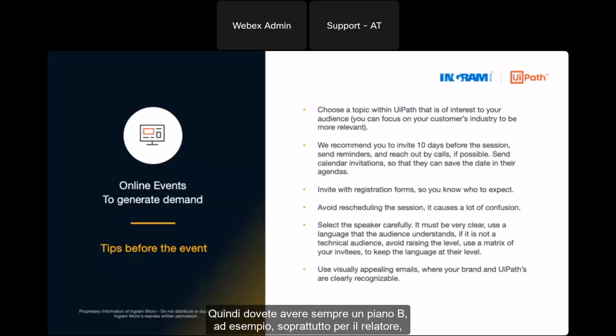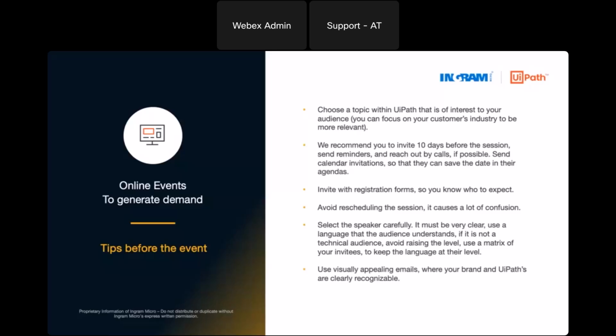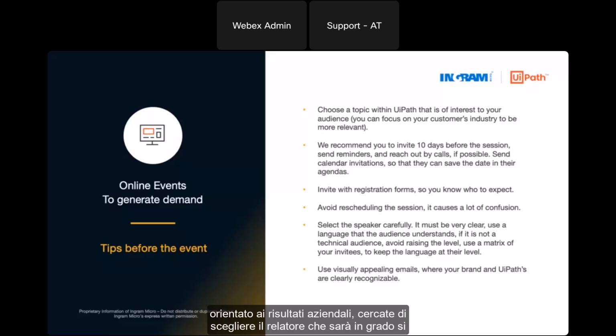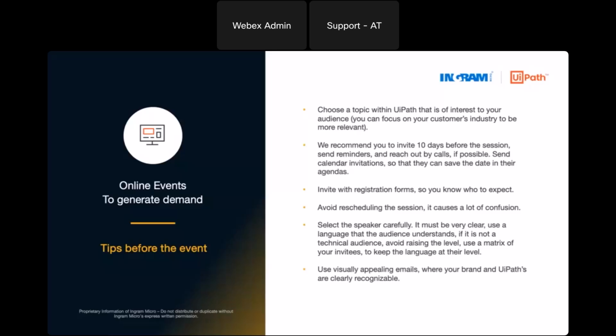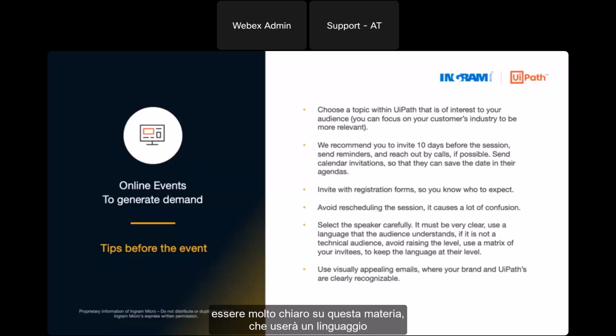For example, especially for the speaker, right, which is the next bullet. Select the speaker carefully. So if you are going to focus your conversation in a more business conversation, business outcome oriented, try to choose the speaker that's going to be very clear in that matter, that's going to use a language that is going to be easy for your audience to understand.